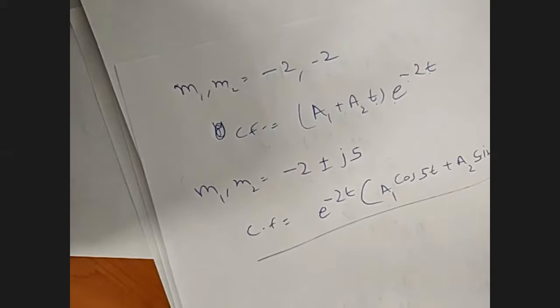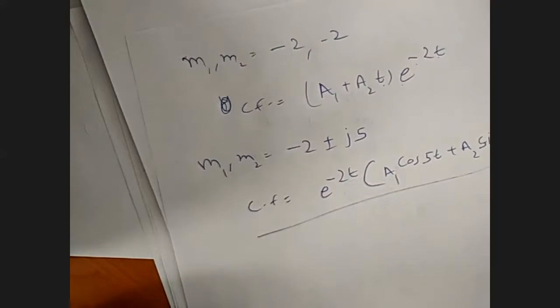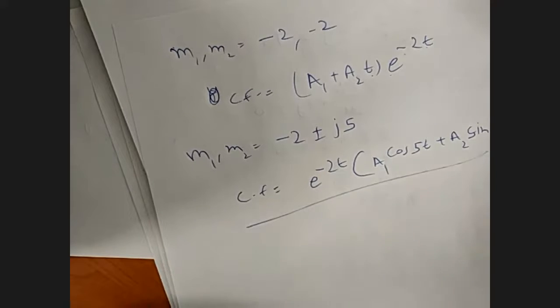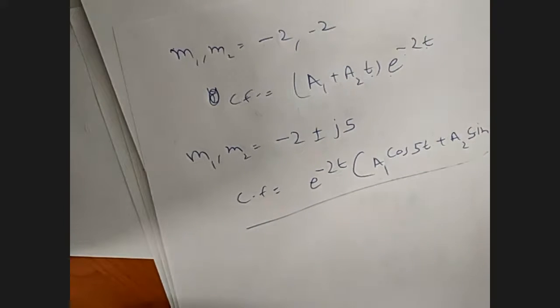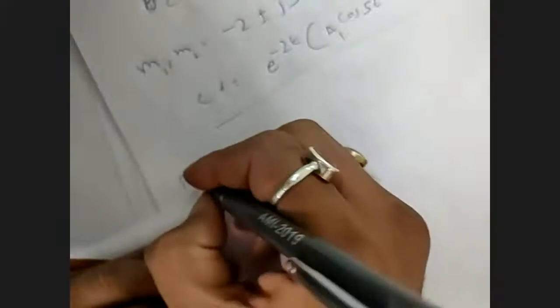This is how we will be solving and finding the equations. So this is the brief about how we will be finding the CF, the complementary function of a differential equation. Now we have to talk about what is the PI.